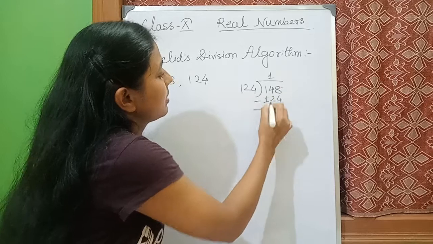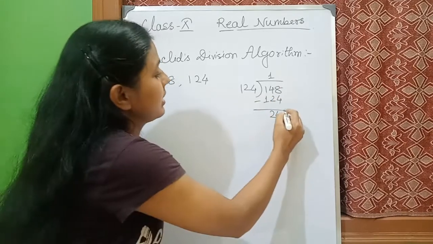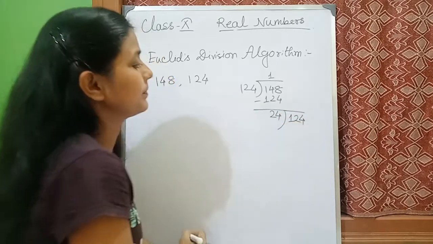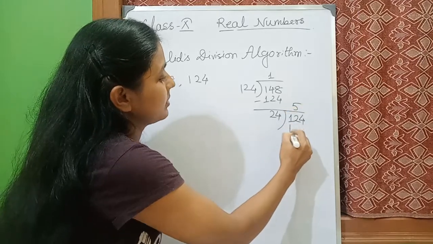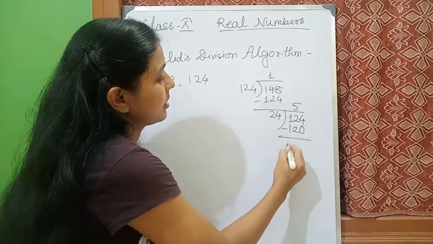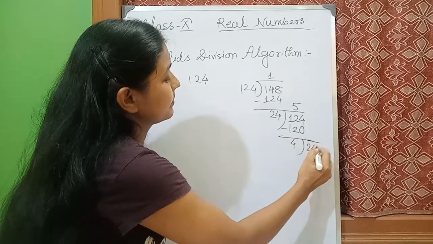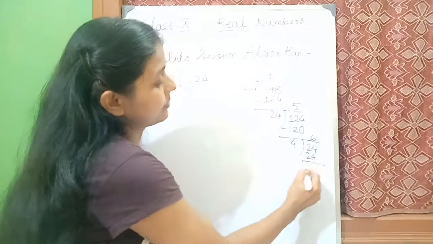148 minus 124 is 24. Okay. Then this one is 124. 24 5s are 120. The remainder is 4. Then 24. 4 6s are 24.